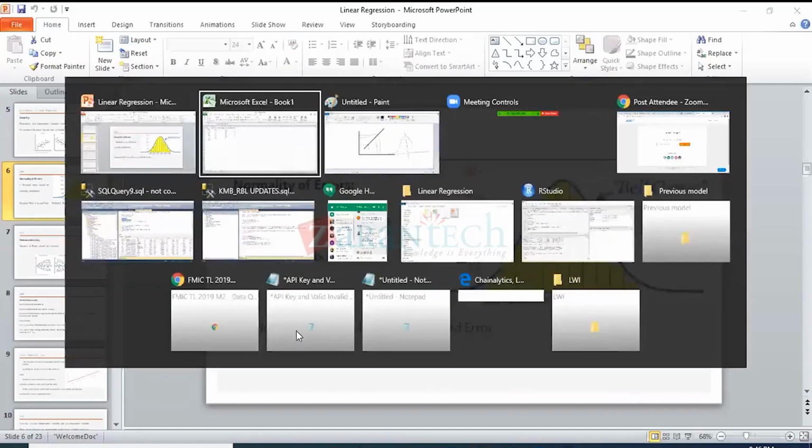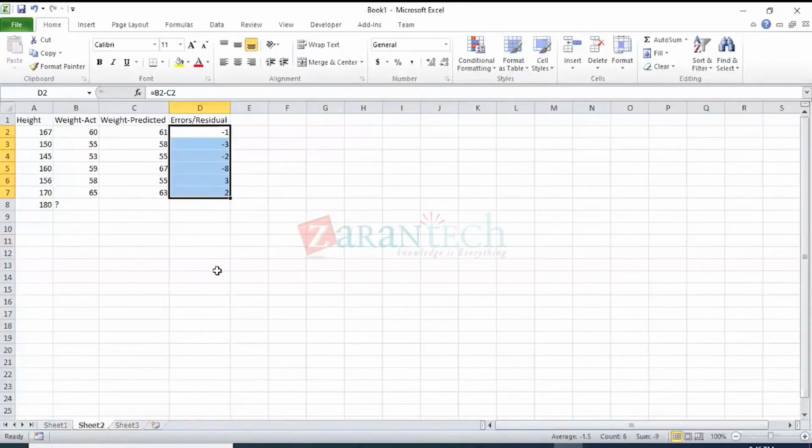So for example, now we have height and weight, and this is my predicted weight. Are we going to plot this? I'll just show you how. We have these residuals now. Let's calculate the mean of these residuals. That is nothing but -1.5.